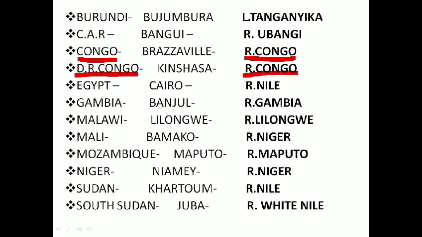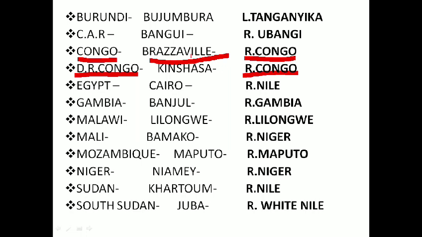So river Congo connects two capital cities, Brazzaville and Kinshasa. Interestingly, these are on either side of the river. That means between Brazzaville and Kinshasa, river Congo is flowing. On this side of the bank Kinshasa is located, on the other side of the bank is Brazzaville.